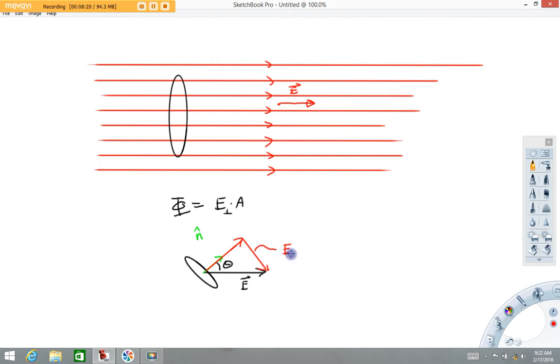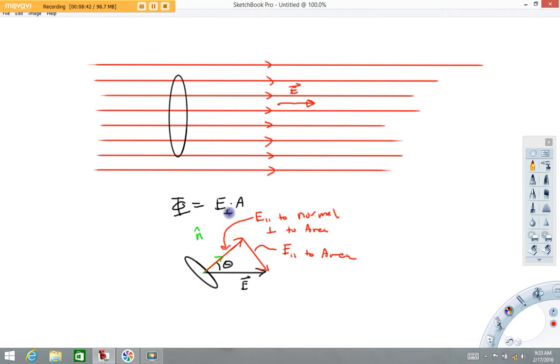Let's say that is parallel to the area. That's not the one we need when we're calculating the flux. This is the one we need. We need the electric field vector that is parallel to the normal. Or we could say perpendicular to the area.